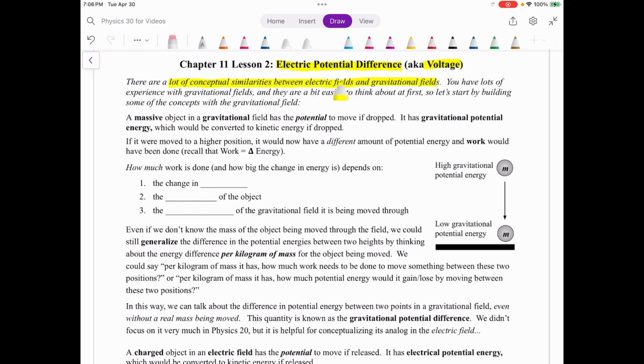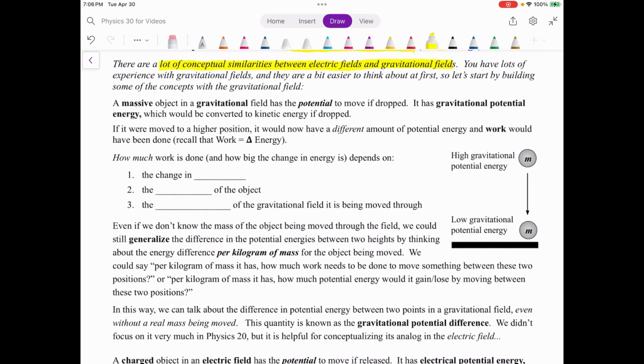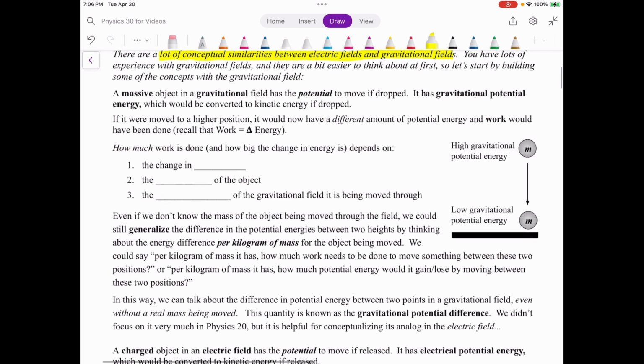It's just that for the electric field, that force is an electric force that it would feel because of its charge. For the gravitational field, that force is a gravitational force that it would feel because of its mass.